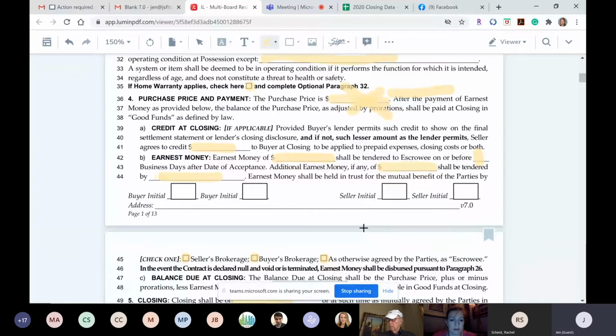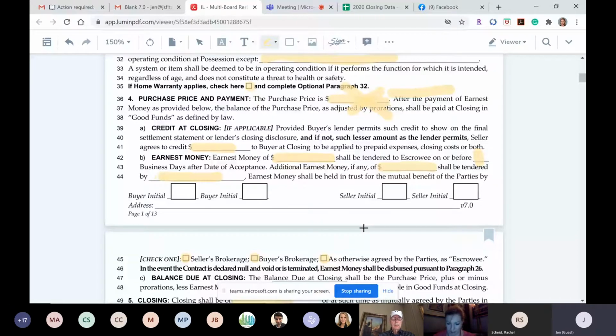But just because you've got the terms hashed out on this contract and the buyers and the sellers have signed, we don't have a final contract in Illinois until the attorneys have gotten a chance to review it and make proposed changes.